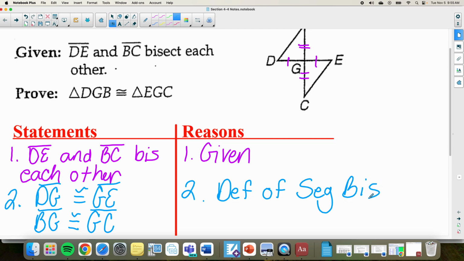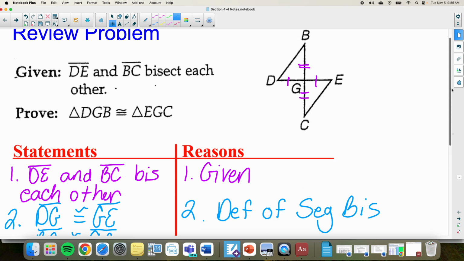Okay, now, do you guys see anything else in that drawing that is congruent? Anything else here that's congruent that's not marked? Yep. The angles. Yep, which ones? BGD and CGE, very good. And why are those two congruent? Vertical angles.